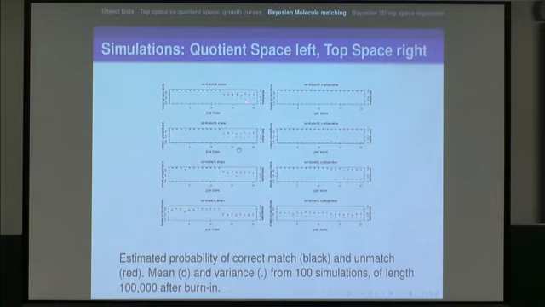The picture should look like the black blobs should go across here, and then the red blobs should all go across the top as well. So the quotient space one didn't do quite as well on the false matches, so these dropped down a bit, whereas the top space model did really quite well. Even when there was a lot of variability, it still wasn't doing too badly. So on this basis, the top space model was looking better at the end of the day rather than the quotient space one.